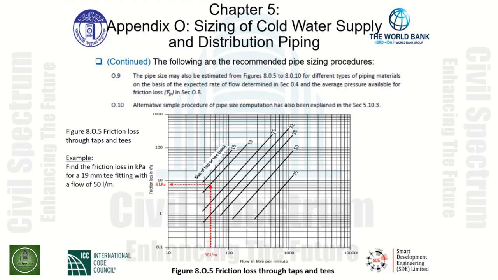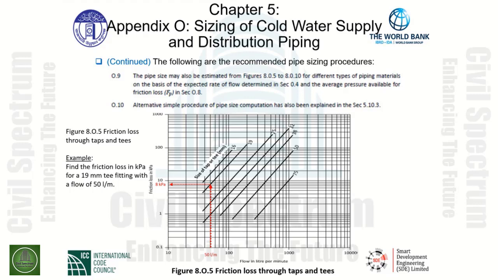Once we intersect that curve, we move to the vertical axis and read the friction loss in kilopascals, which in this case, for a 19 millimeter T with a flow rate of 50 liters per minute, we have the friction loss of 8 kilopascals.